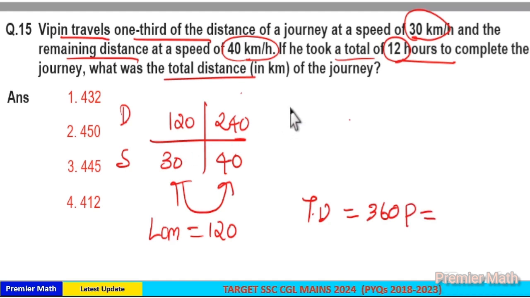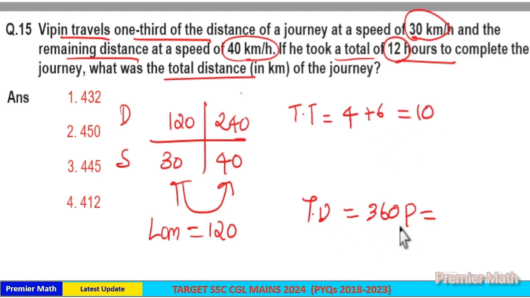Here, total time from this diagram is equal to 120 by 30, 4 part hours and 240 by 40, 6 part hours. So 4 plus 6, 10 part is the total time if you use 360 as total distance. But here, this 10 part is given in this question as 12 hours. Actual time is equal to 12 hours.